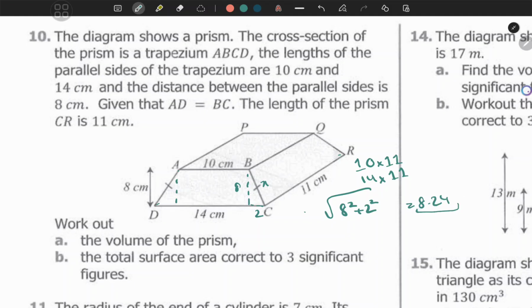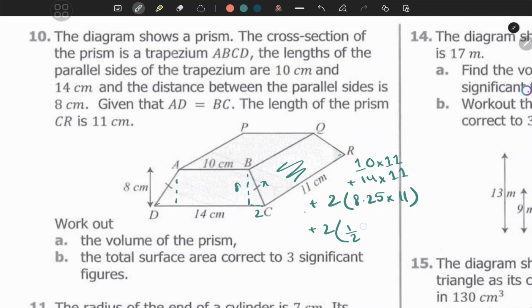Now when we have 8.24 or 8.25, so 8.25 is the length, whereby this is now 8.25 into 11, and this is going to be taken twice because we have one here and one on the back, and then we have the trapezium, which is 2 into half into 10 plus 14 into 8.